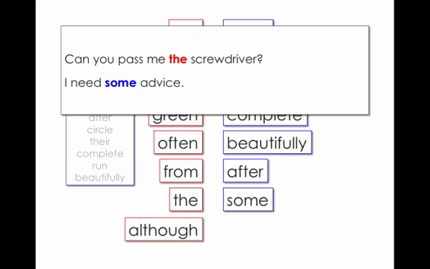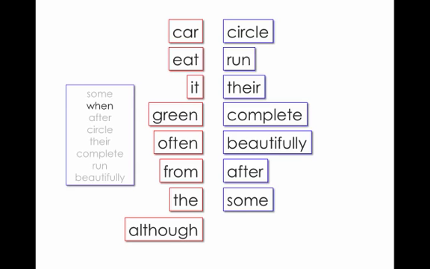So in both of these sentences we've got the idea of a which. It's very abstract, but notice too that the words here come before screwdriver, come before advice, and they're telling us a little bit about this which, about these words. Very abstract, of course.